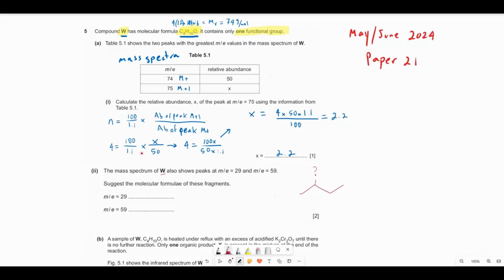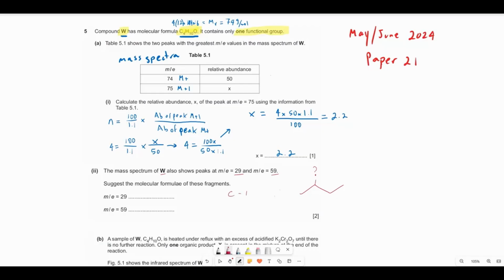But we don't really need to know what the compound is, because what we know is that we have a 59 peak and a 29 peak. What we have to figure out is what combination of carbon, hydrogen, and oxygen, because those are the 3 elements we have here, could give us those numbers.